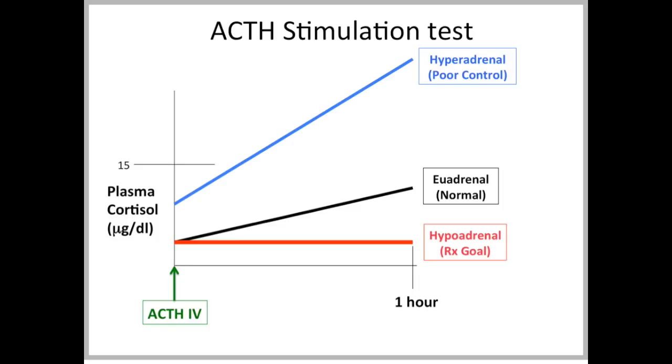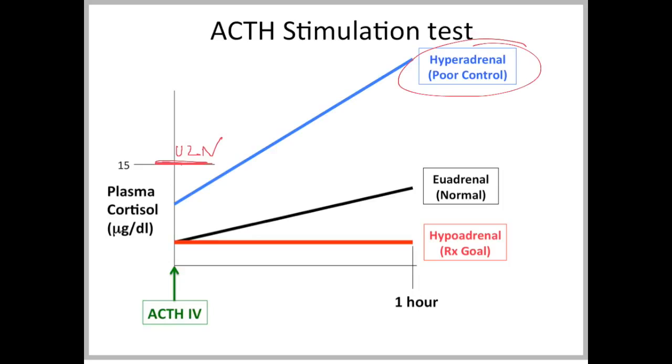In this schematic, basically I wanted to show you, if this is the upper limit of normal here for cortisol, let's say, in micrograms per deciliter, you would see an animal with pituitary-dependent hyperadrenocorticism show an increased cortisol past roughly twofold above baseline.